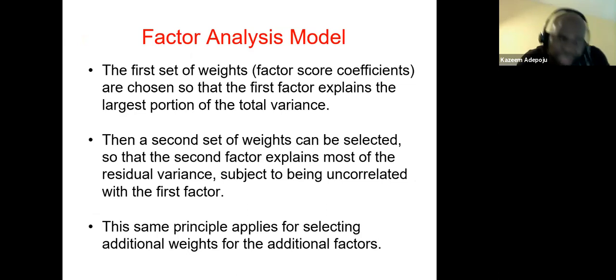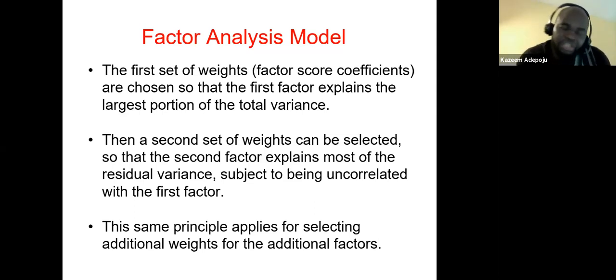They are chosen so that the first factor explains the largest portion of the total variance. Let me tell you this. In principal component analysis, the first principal component explains the largest variance. If I have 10 variables, I'm going to have 10 principal components.